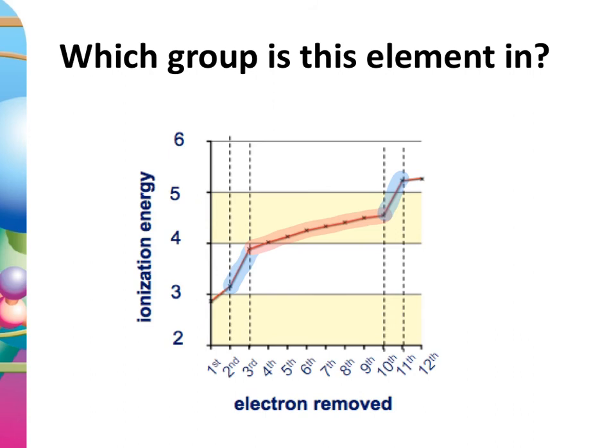So the evidence there points to an element that's in group 2. So we have to remove 2 electrons, and then we get a big jump. So that would be when we were dropping down from 1 energy level to the one below, to the next one.